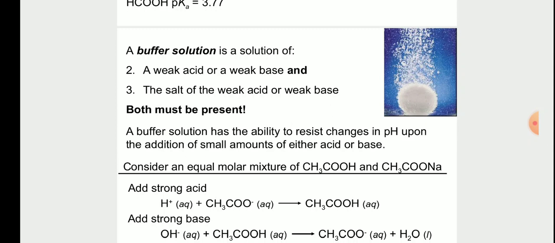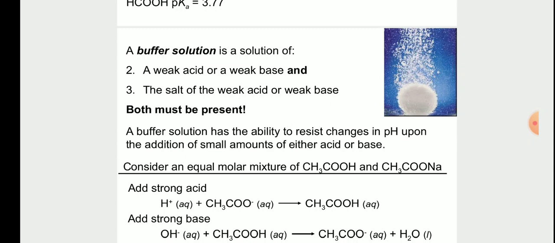Like in our blood, like in our saliva. In blood the pH is fixed, because if the pH changes, there will be lots of problems in our stomach and in digestion, and in lots of enzymatic activity the pH is fixed.